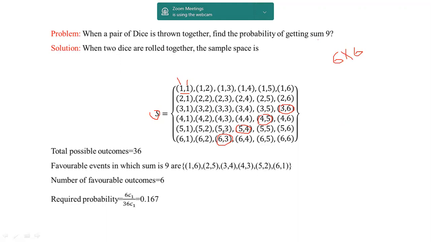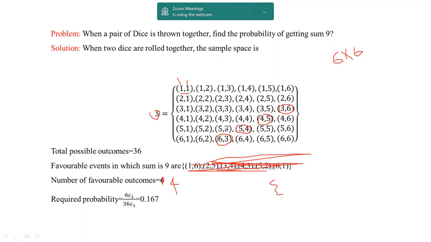Here there was a wrong representation where the sum was not 9. Sorry, these were wrong combinations. So there are 4 favorable cases: 3 comma 6, 4 comma 5, 5 comma 4, 6 comma 3.